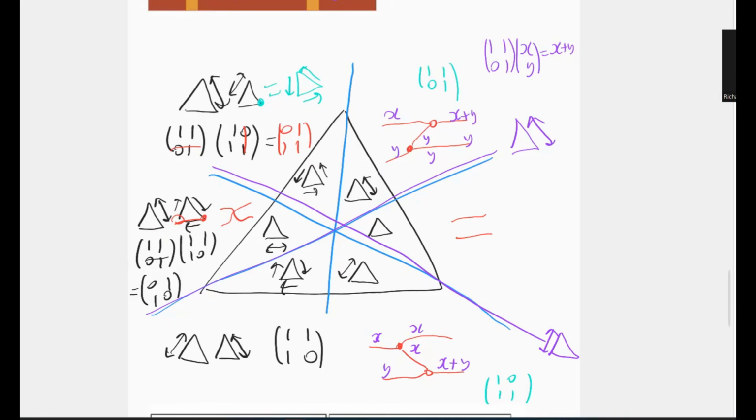So first we draw the diagram for this, which is here. Let's draw that. And now we draw the diagram for this, which is here. And so we have this, and then we can apply our rules to simplify that kind of thing.